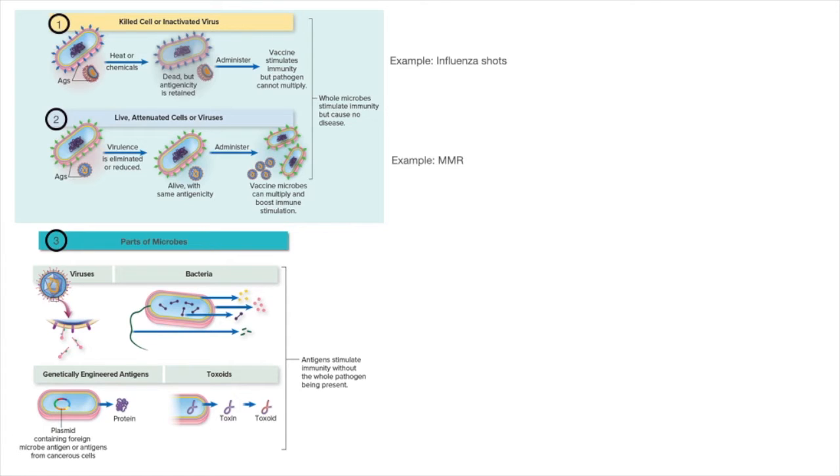So that's even one more step removed from having an actual organism there. The organism is not anywhere involved. We just copied the sequence of its DNA to create a protein that will be antigenic.